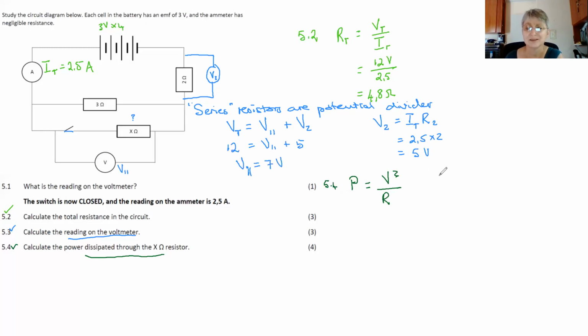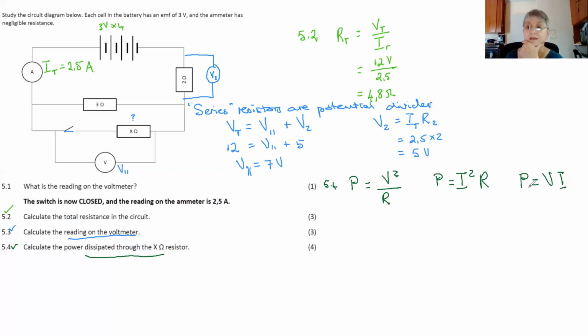Yes, but I think there's an easier way to get to this answer, and that is the power is I squared R. Oh, no, no, no. How would we do this now? Could we calculate R? Oh my, the other equation is P is VI.